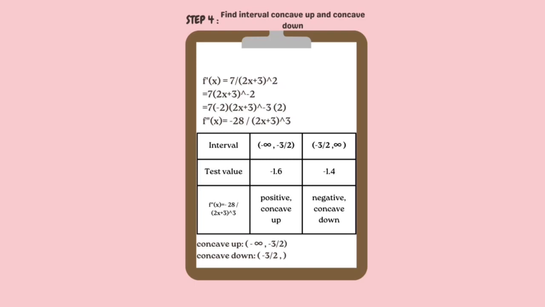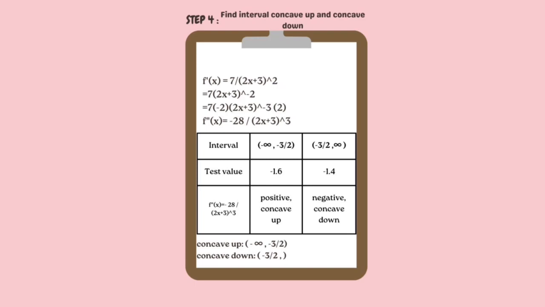Then we need to draw a table. We divide it into 3 columns: interval, test value, and f double prime x equal to -28 divided by (2x plus 3) to the power of 3. Then the intervals are negative infinity to -3/2 and -3/2 to infinity.